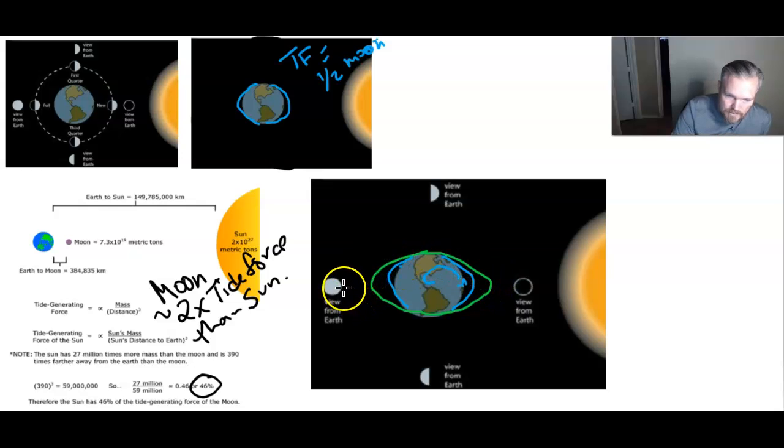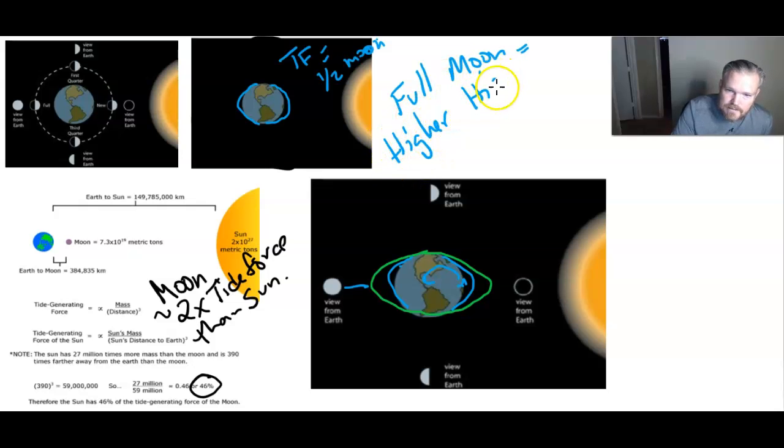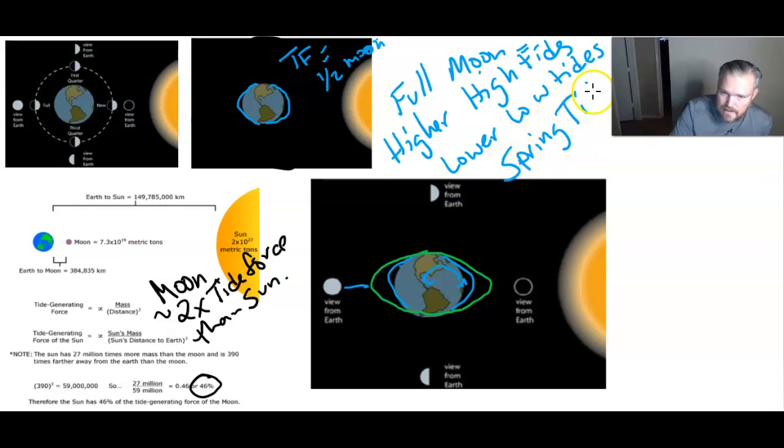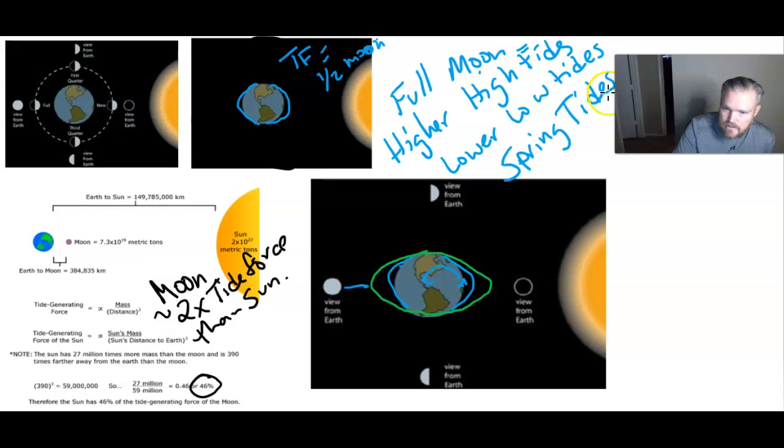This situation, when you are in the full moon, is going to be full moon equals higher high tides and lower low tides. And that is called spring tides. It has nothing to do with a spring, meaning the season.